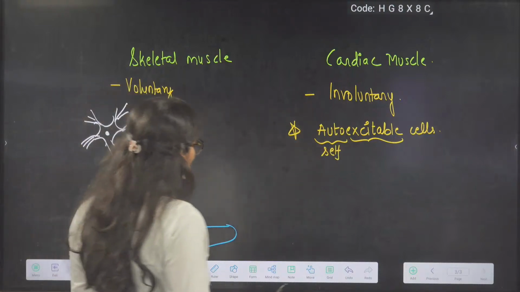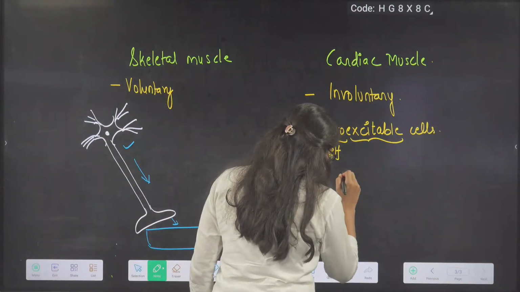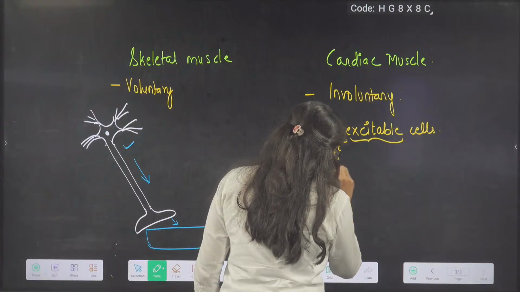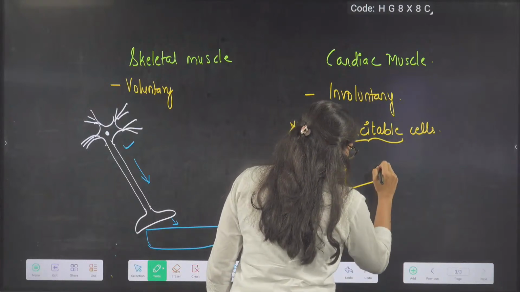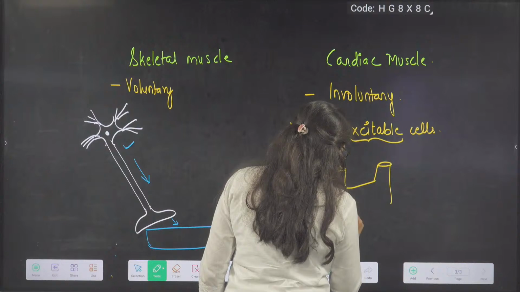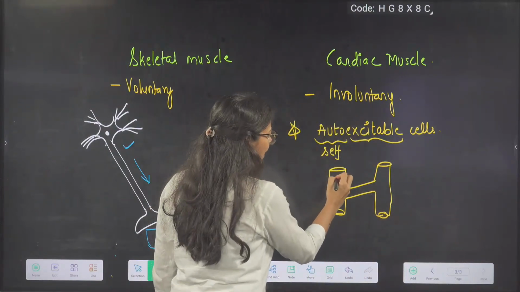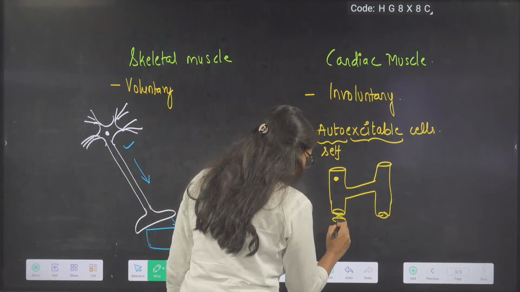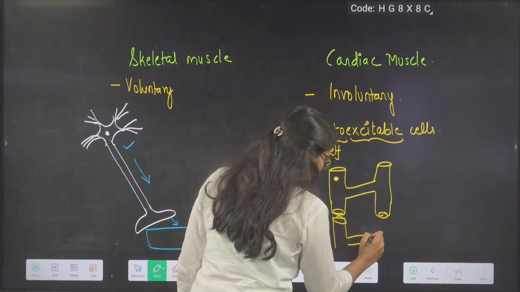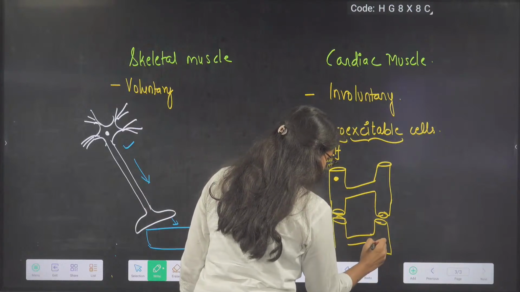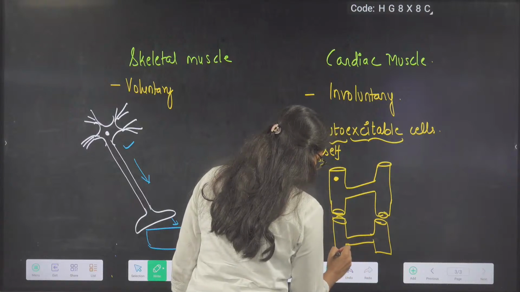And what is the shape of cardiac muscle? Cardiac muscles are branched. They have a branched structure like this. So this is one cardiac cell. Then another one, a branched structure like this.